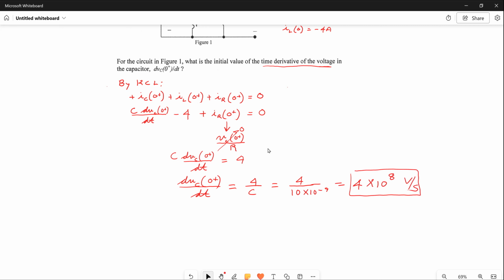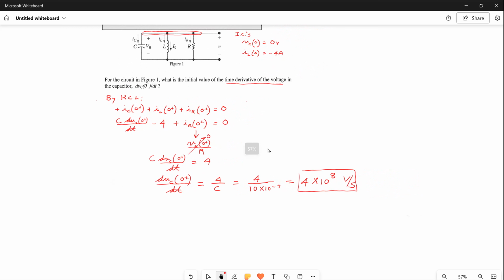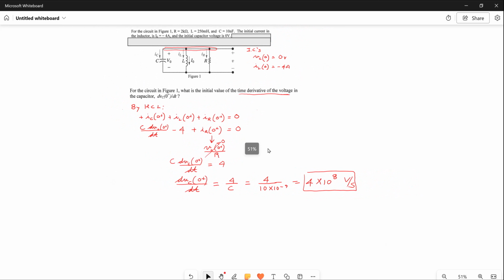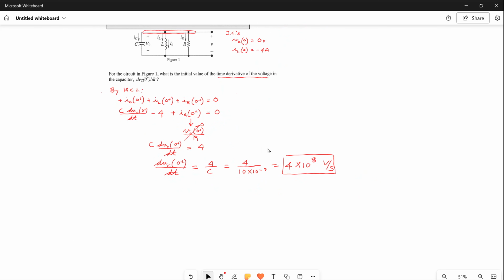Now, you might ask, well, what about the time derivative of the current? Well, it's a lot simpler to find in parallel circuits. The reason is because you know that the voltage across the capacitor at 0 plus has to equal the voltage across the inductor at 0 plus.